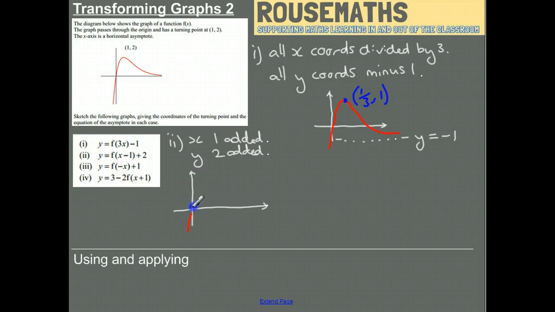So if we just sketch it in as it was originally, go 1 right, 2 up, which means we're going to get an asymptote at y equals 2, and the new turning point will be 1 to the right and 2 up.